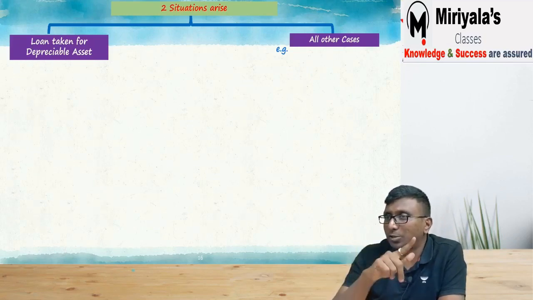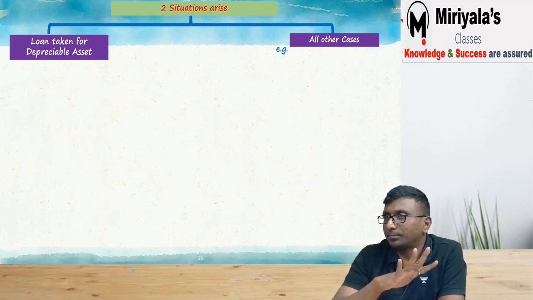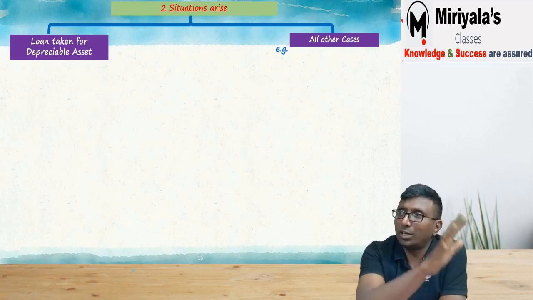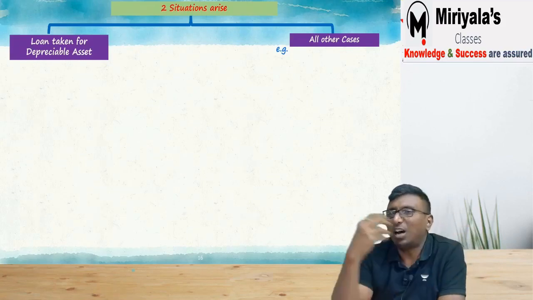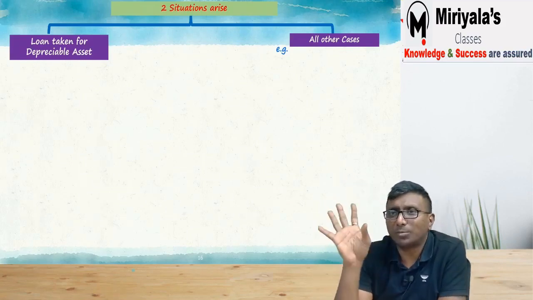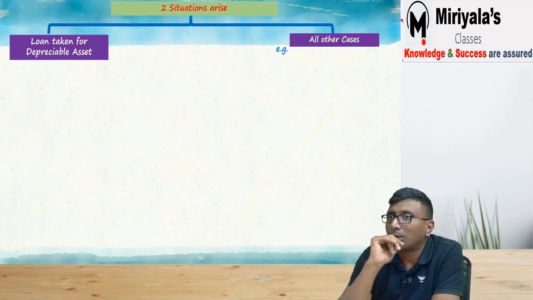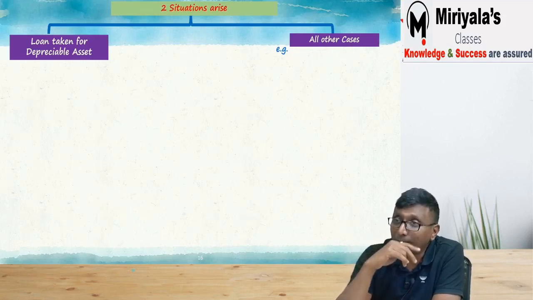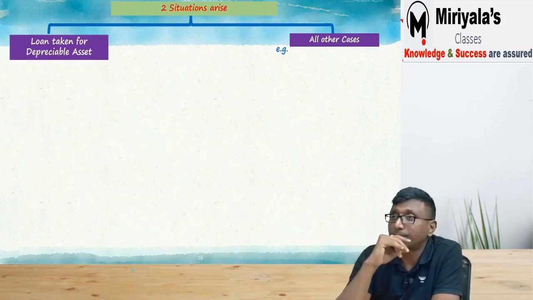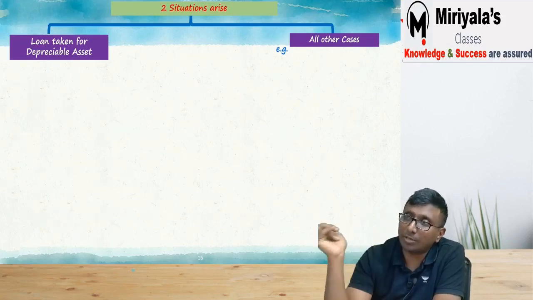Loan taken for a depreciable asset is a long-term item. Loan taken, liability, one side. How to deal? Separate treatment. All other long-term monetary items means, tell me: investment in debentures, long-term investment. Correct, a monetary item; it will come this side.